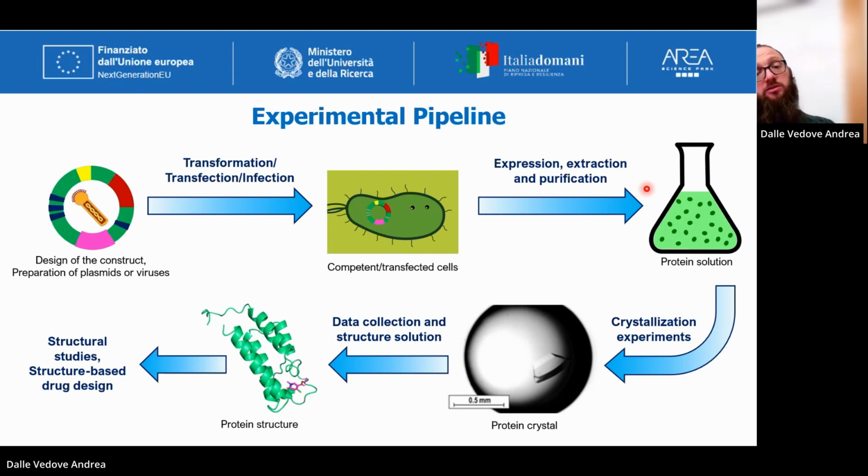In this presentation, as you might have inferred from the title, I will mainly focus on the bottom part of the slide, so the part from crystallization on, and show you how to get crystals and which kind of information can then be extracted from the structure we obtain.